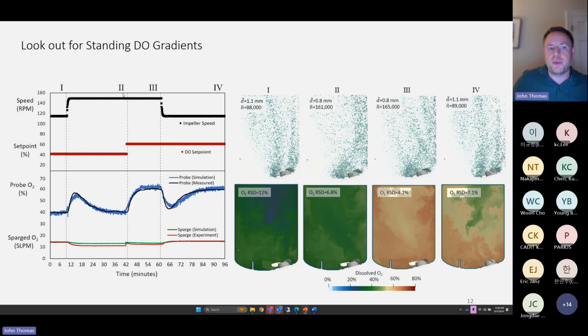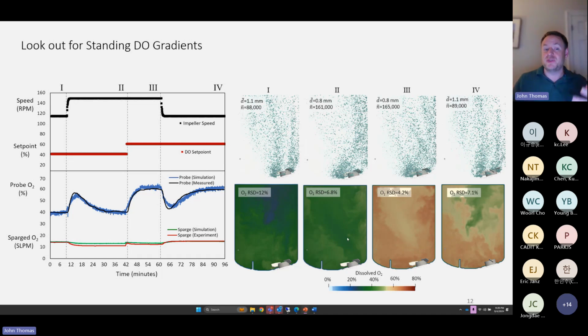For example, here's operating condition 2. We have a higher impeller speed at that same target set point. And immediately we see in the simulation that yes, the probe is achieving the target value, but more importantly, we're achieving homogenization throughout the vessel. That is, we only have an RSD of maybe 6.8% as opposed to 12% at lower impeller speed.